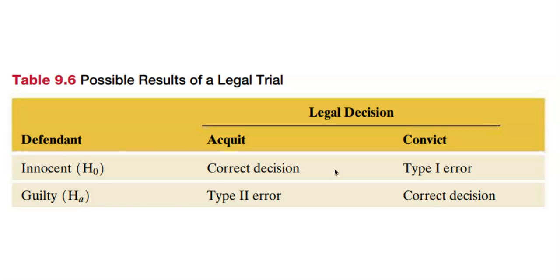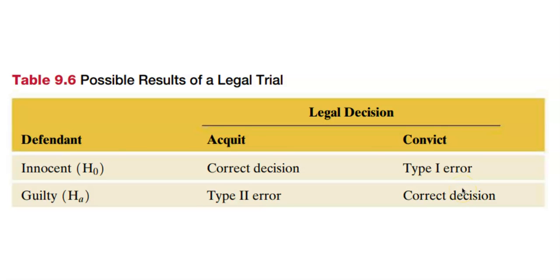So, the possible results, and I didn't really make this a fill-in, but it's very similar to that previous table with 4 cases, right? If a defendant is innocent, then the correct decision is to acquit. We will be making a type 1 error if we convict that innocent person. But in another scenario, what if that person is actually guilty of committing that crime? Well, the type 2 error happens if we let that man go free. The correct decision will be when we convict that person and send him to jail or prison.